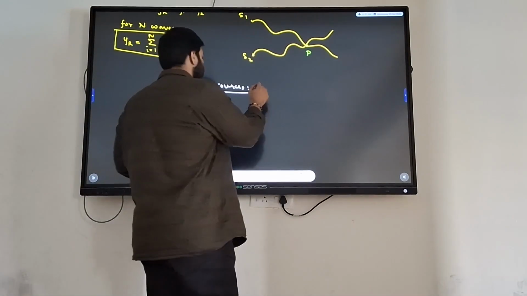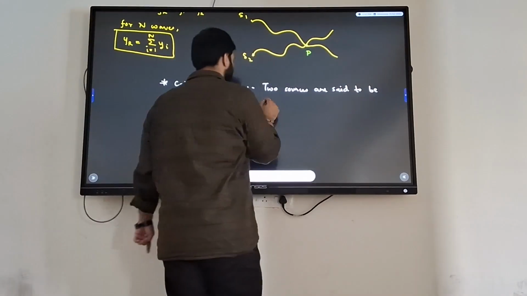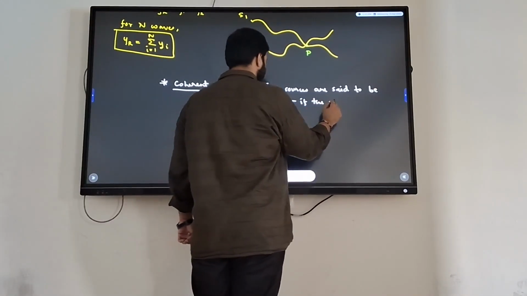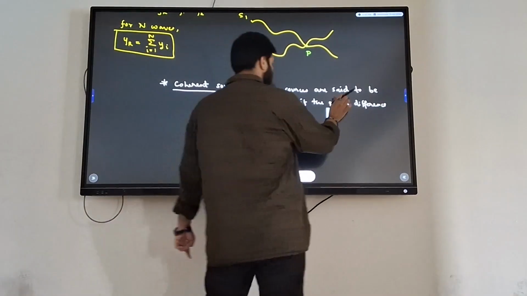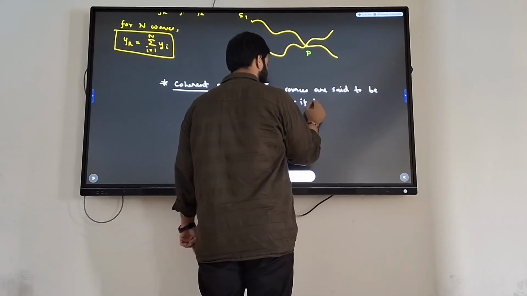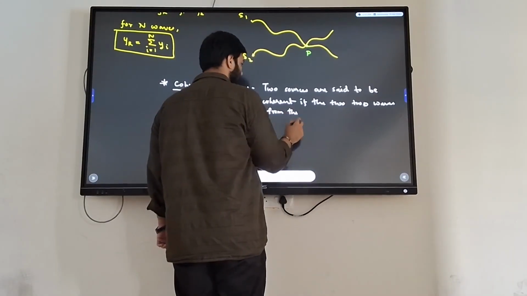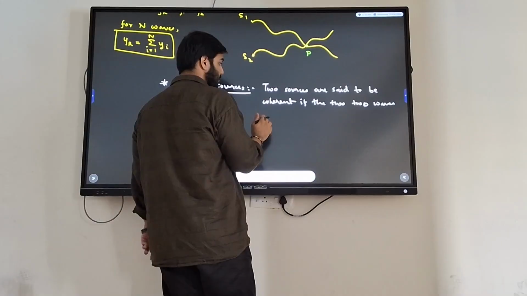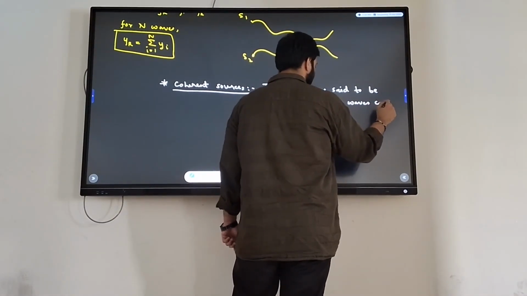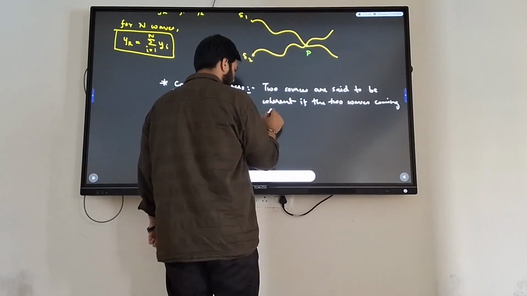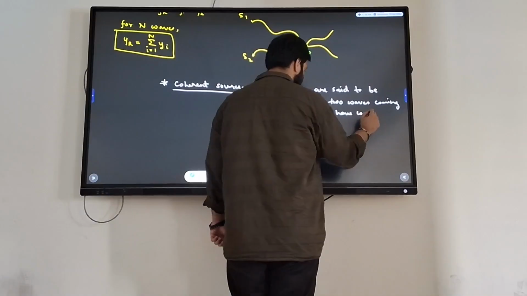So what is the definition of a coherent source? Two sources, so please write with me, are said to be coherent if the phase difference between the waves emitted from the respective sources, if the two waves coming from each source, coming from respective sources, have a constant phase difference.